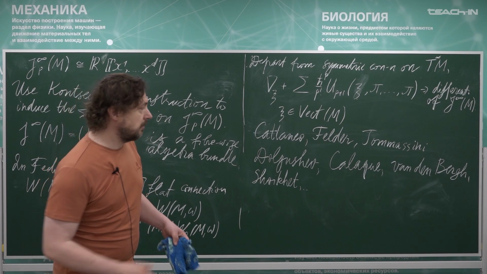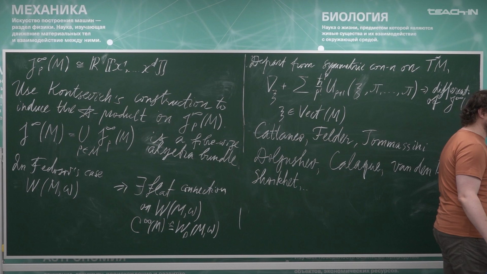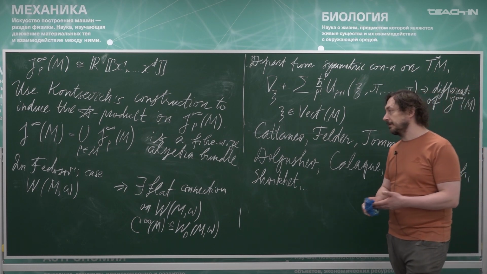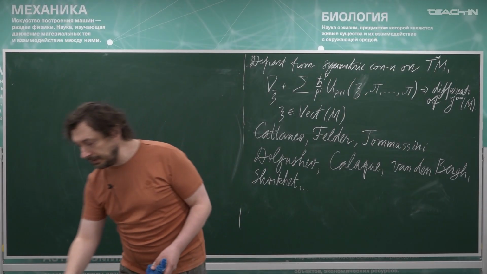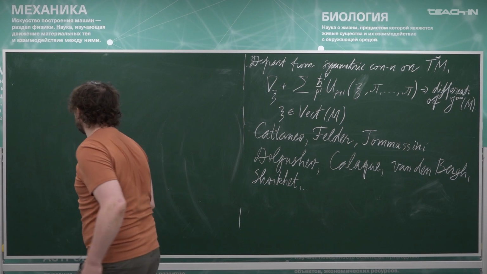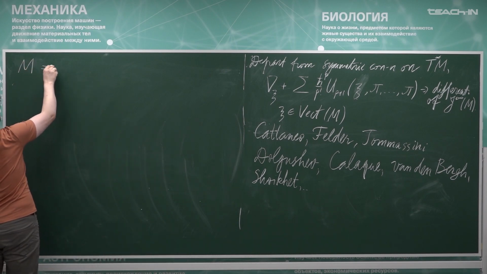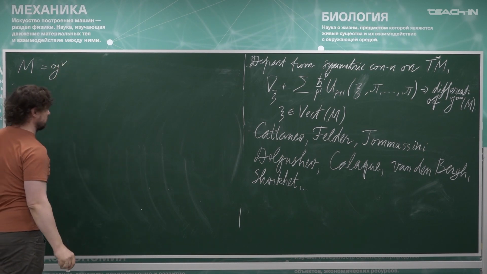Okay, let's go on and speak a little bit about the applications of Kontsevich's formality theorem to something else rather than deformation quantization itself. To this end, let us consider the particular case when the manifold M is given by the dual space of a Lie algebra.